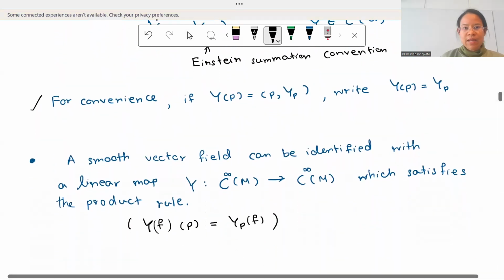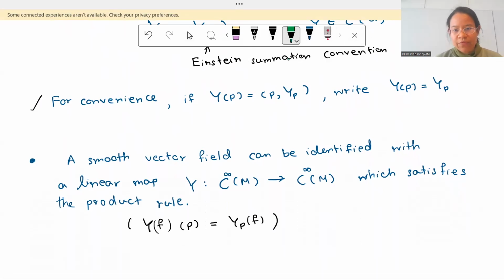Now, since yesterday we have seen that we define a tangent vector to be a linear map that maps a smooth function to a real number and satisfies the product rule. From this action of the tangent vector, we can define how a tangent vector field acts on a smooth function, mapping a smooth function to a smooth function.